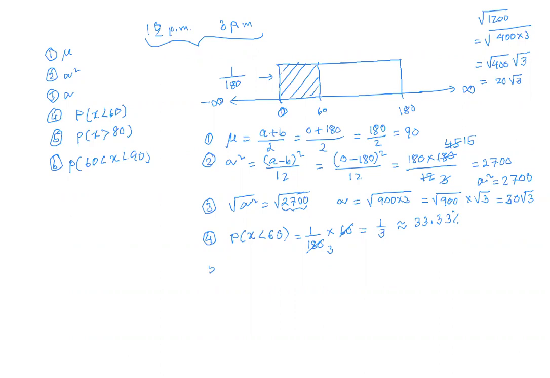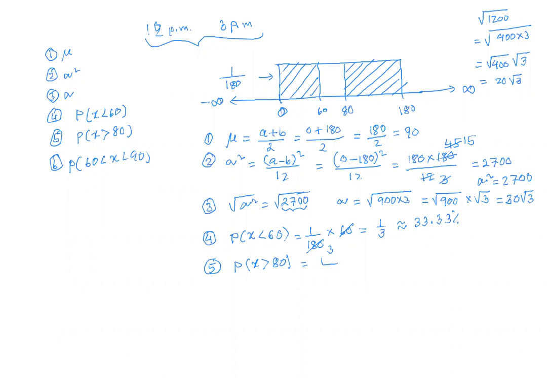Number 5, probability that someone spends more than 80 minutes. Okay, so 60 is here, let's say 80 is somewhere here. More than 80 would be everything to the right. So 80 here and 180 over there.